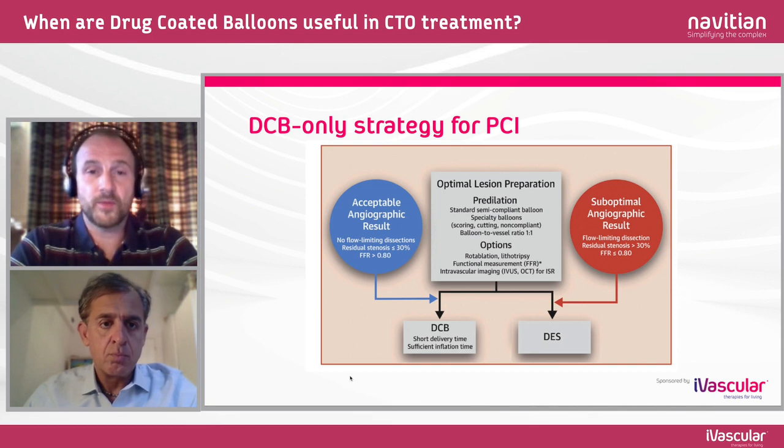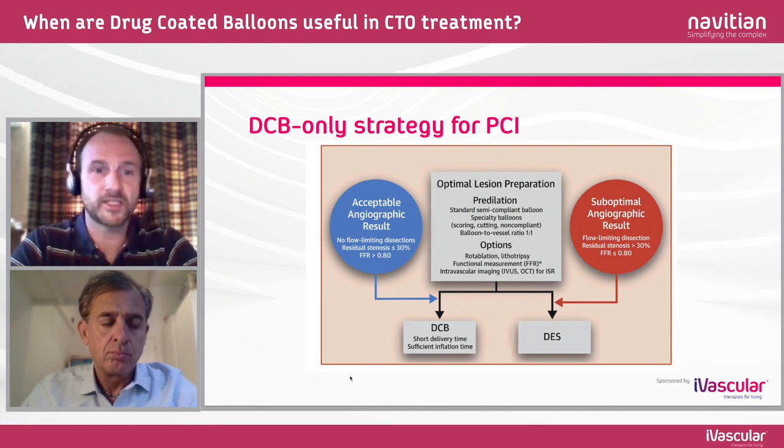When we speak about a strategy using only drug-coated balloon to treat stenosis in the coronary vessels, it's crucial to remember that the first step is a proper, optimal lesion preparation. That means we need to pre-dilate our vessel with balloons matched one-to-one to the size of the artery, and we need to obtain a good result, or at least a reasonable result, with no severe residual stenosis, and most importantly without flow-limiting dissections.